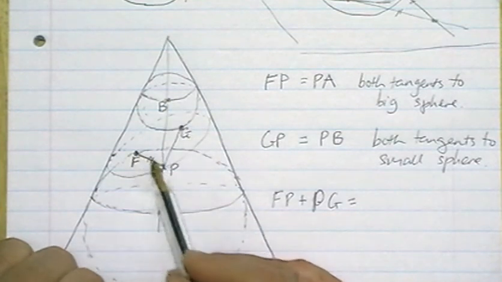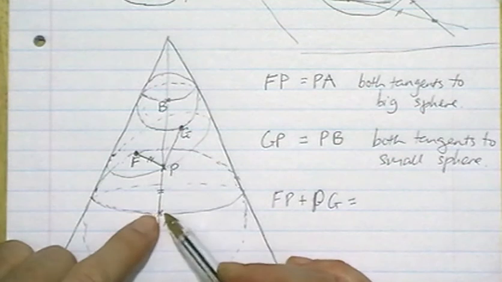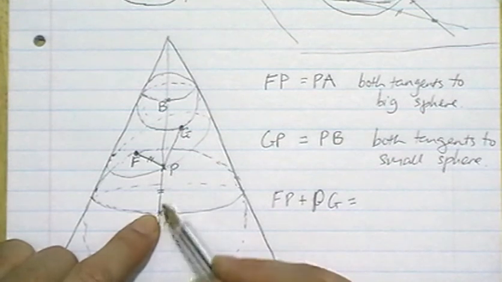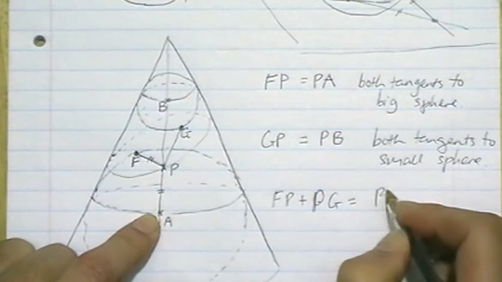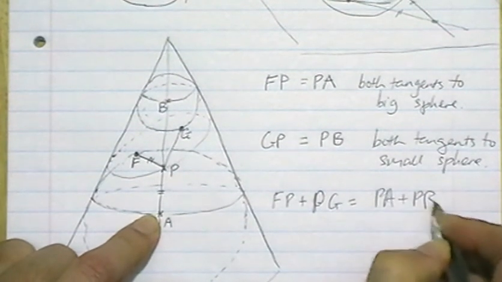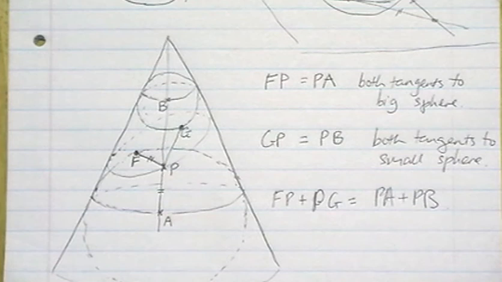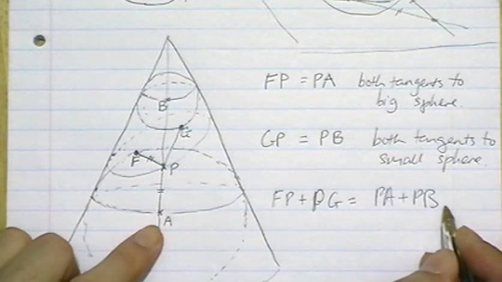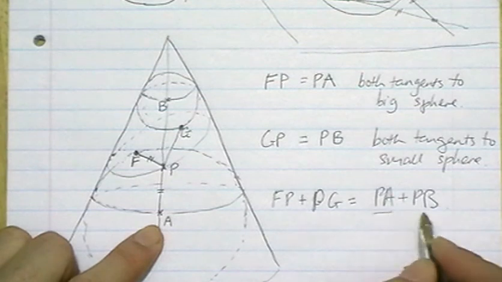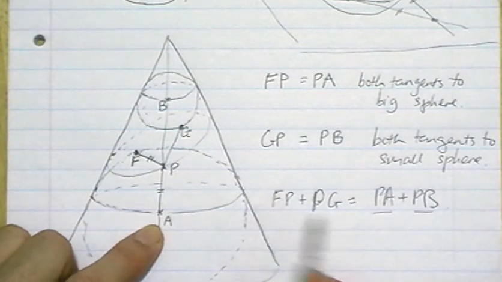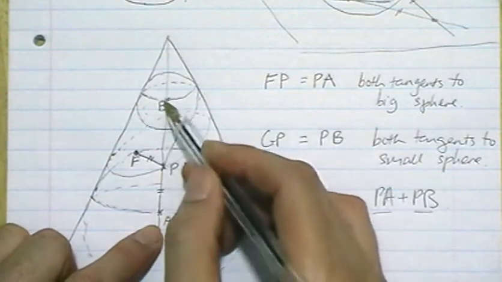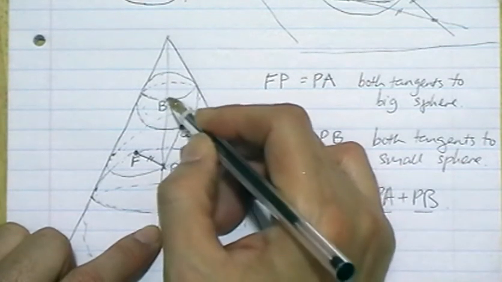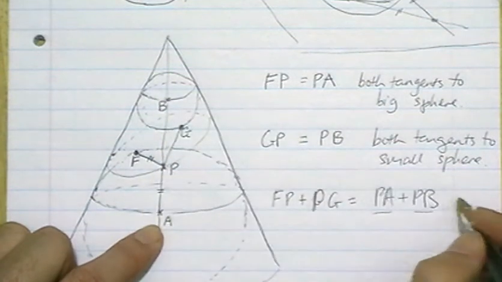So therefore, FP plus PG is the same as PA plus PB. Is that a constant? PA plus PB is equal to AB.